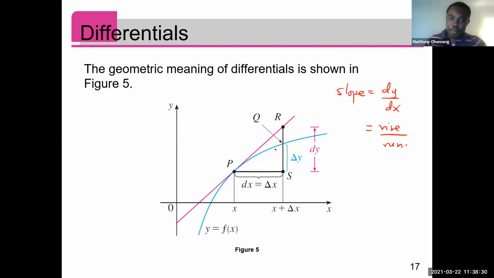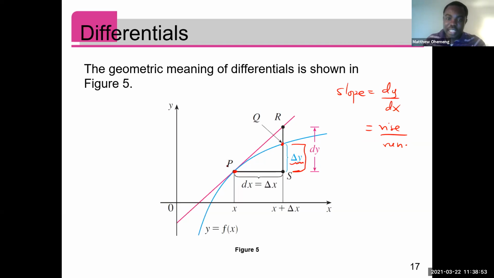You're considering the point P here, and a point Q. Between them on the actual curve, the actual change in y is given by delta y, from here to here.